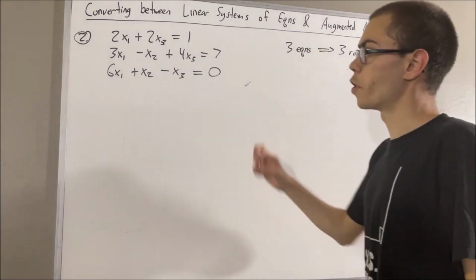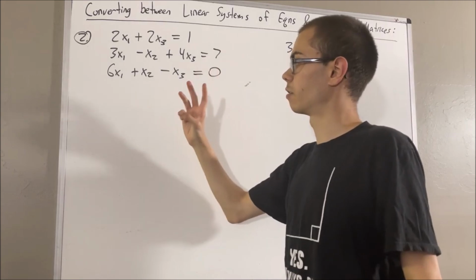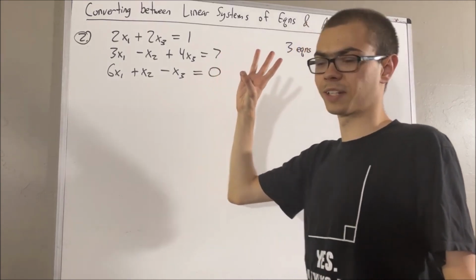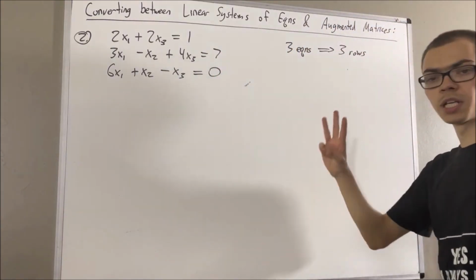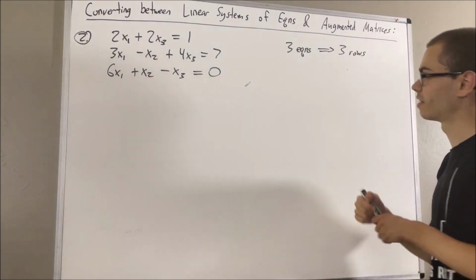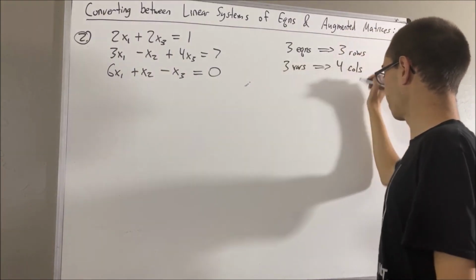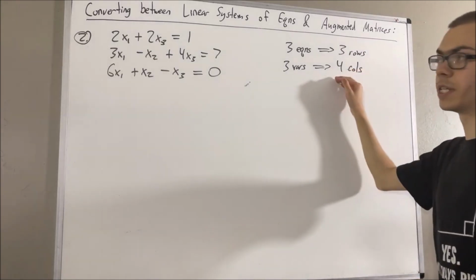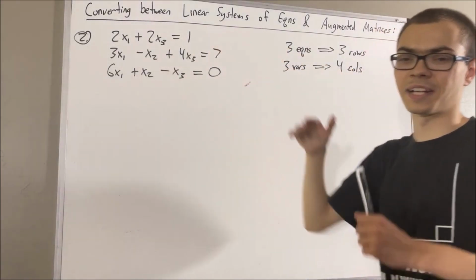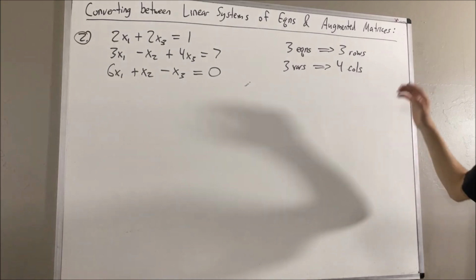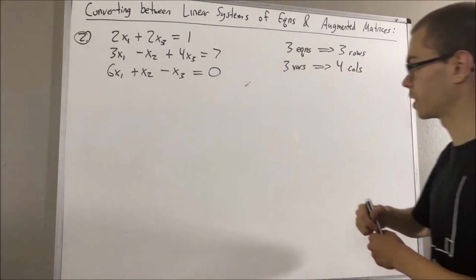And notice we have three variables in this case. Right, we have x1, x2, and x3. Because we have three variables, this means we're going to have 4 columns. Right? Because the extra column is reserved for the numbers on the right-hand side. So let's construct a matrix with 3 rows and 4 columns.